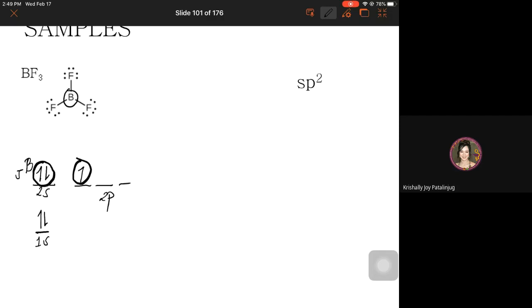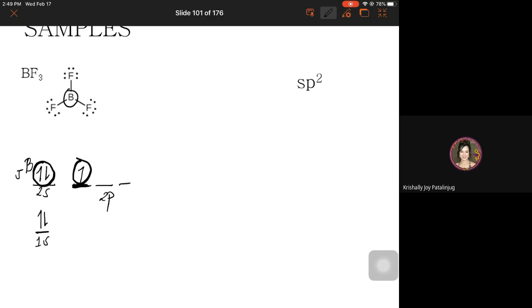But, as you'll observe, sa distribution ng electrons, isa lang yung half-filled 2p orbital. So, yung gagawin ulit, mixing.